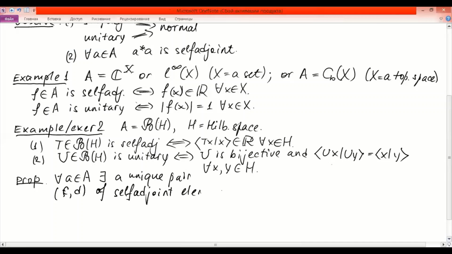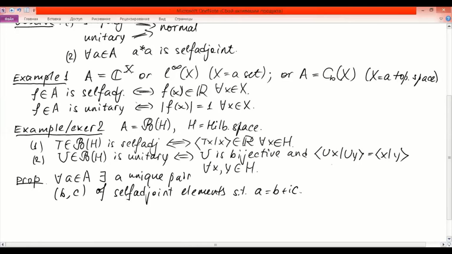Oh, sorry, not C and D, but B and C. A unique pair B and C of self-adjoint elements such that A equals B plus IC. So B is kind of the real part of A, and C is the imaginary part.